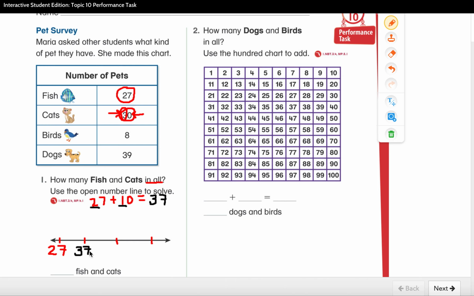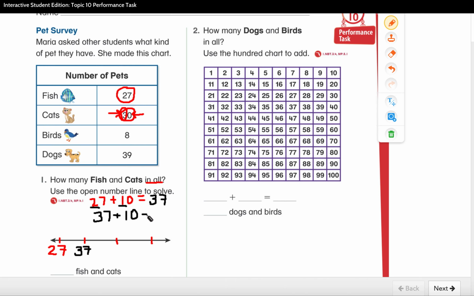Are we done though? Nope, we still got 2 more ticks. So 10, 20, 30. We got to add at least 20 more to find our answer. So we're not going to be saying 27 plus 10 again. Now we're going to be saying 37 plus 10. We're going to solve this just like we solved 27 plus 10.